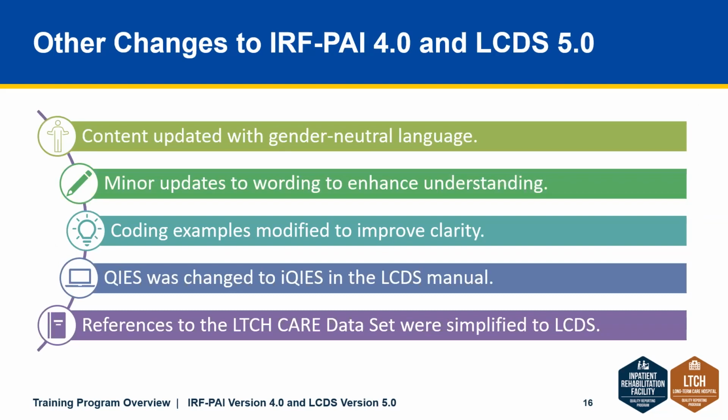In addition to the standardized patient assessment data elements, several other changes have been made to the IRF-PAI 4.0 and LCDS 5.0. Content has been updated with gender-neutral language. Minor updates were made to the wording to enhance understanding. Coding examples have been modified to improve clarity. The acronym keys was changed to I-keys in the LCDS manual, and references to the LTCH CARE Data Set were simplified to LCDS.